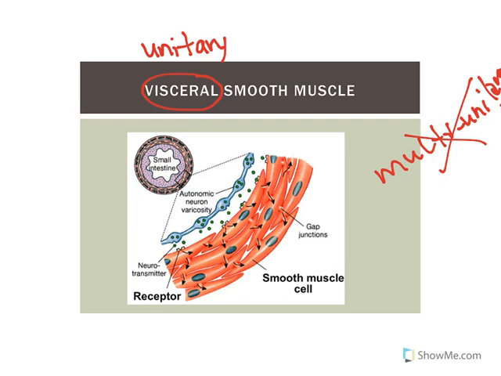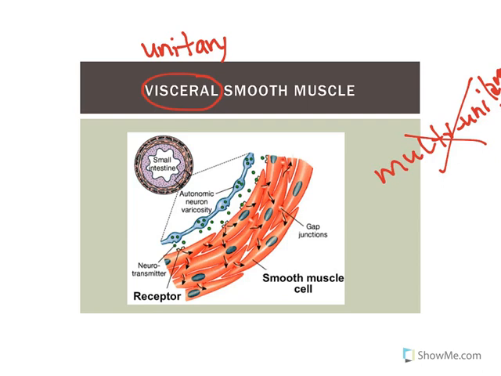Unitary smooth muscle is what we'd find lining blood vessels, and the structures in the reproductive tract and the respiratory tract. So most things that we talk about, we discuss as unitary smooth muscle, which is also referred to as visceral smooth muscle.